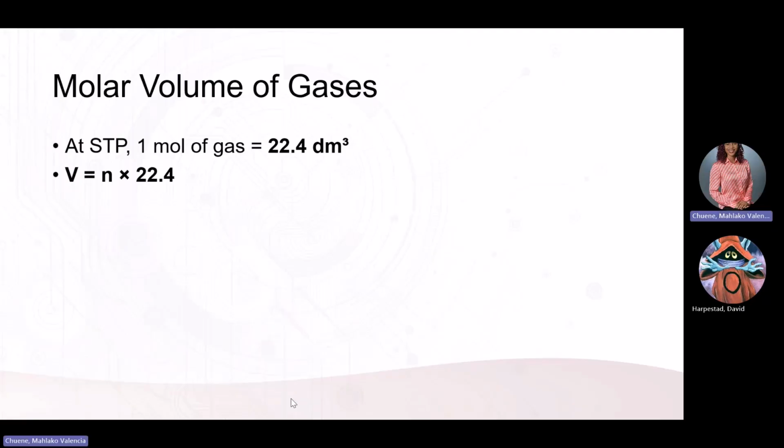All right, and obviously how you are going to calculate it in the form of an equation, you will say your volume equals your number of moles, which is represented by n, multiplied by that value of 22.4 decimeters cubed, to get your volume in decimeters cubed. All right, now let us look at the following example. Say for instance you're given 2 moles of oxygen gas at STP.